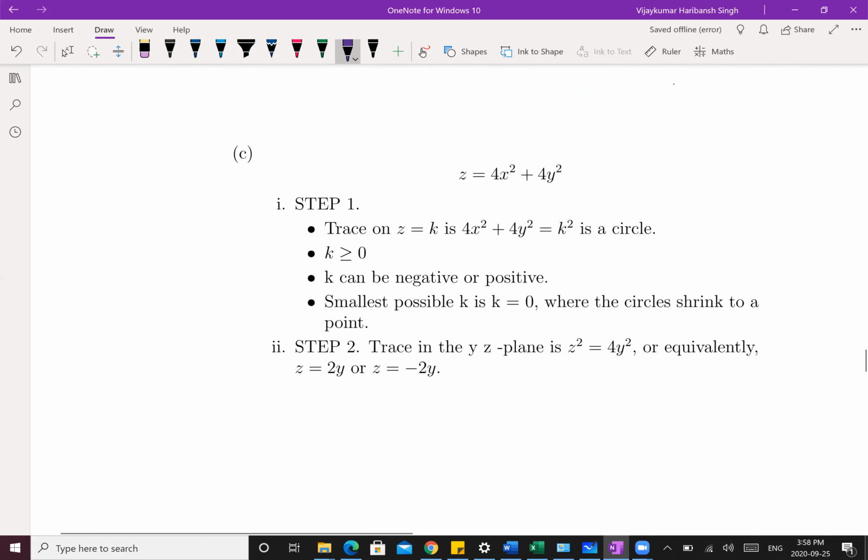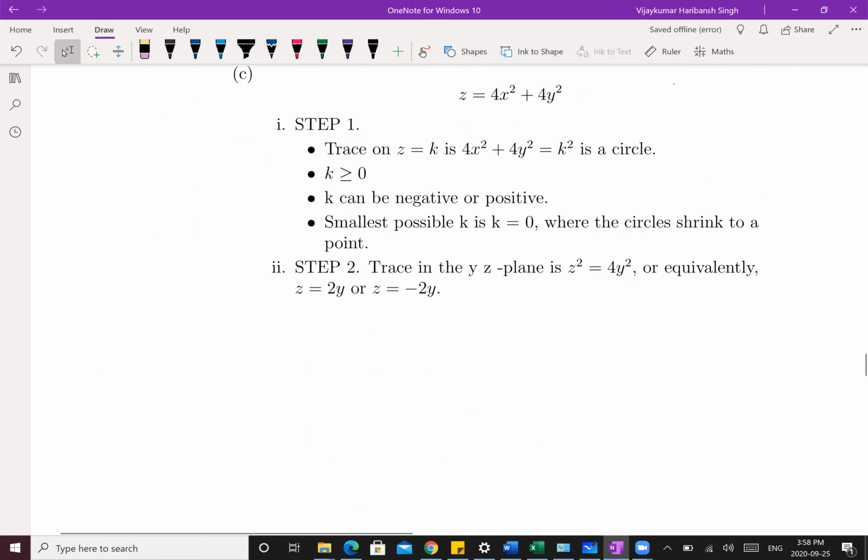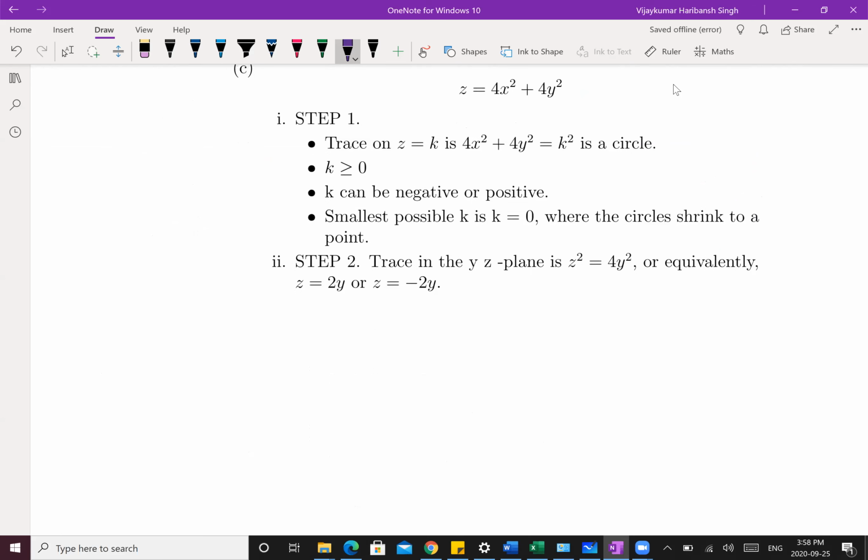Now let's look at the next example. We have z equals 4x squared plus 4y squared. Again, if you take the trace x equals k, we get 4x squared plus 4y squared equals k. This can be written as x squared plus y squared equals k over 4. Not k squared, it's k.